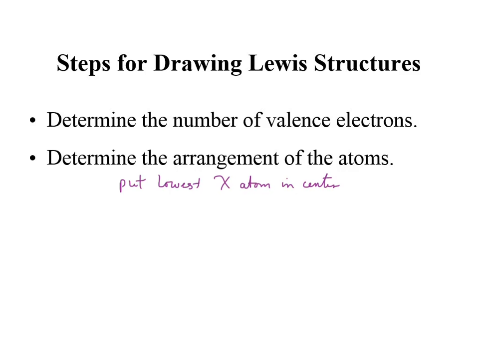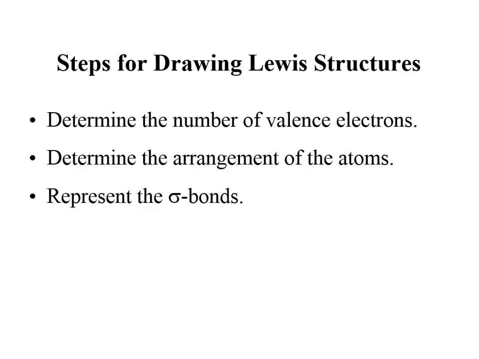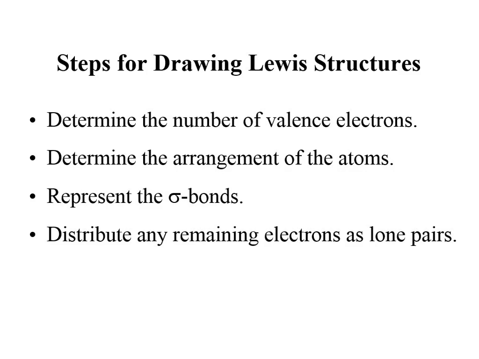You might ask, what if there's not an obvious center? Well, there will be for the ones you have on your test or for the lab. Put the lowest electronegative atom in the center. Once you know how they're arranged, do a preliminary Lewis structure. Draw in those first bonds, the sigma bonds. Then whatever you have left over, sprinkle it around.